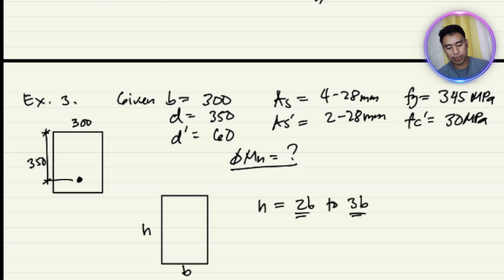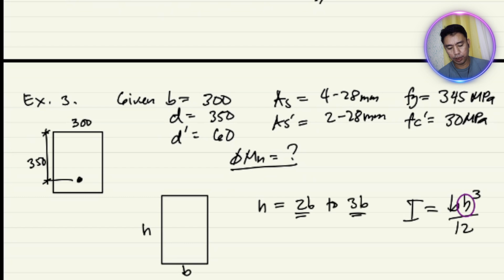Okay? So, ganun siya kasi kung ang rectangular natin nakatayo, remember, ang strength ng moment is nakadepende sa moment of inertia, right? Remember, ang moment of inertia natin is I is equal to BH cube over 12, right? So, if you see here, ang H, kung malaki yung H compare sa B, mas malaki yung I, right?